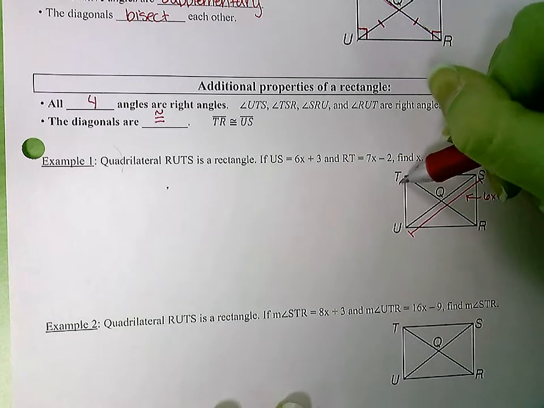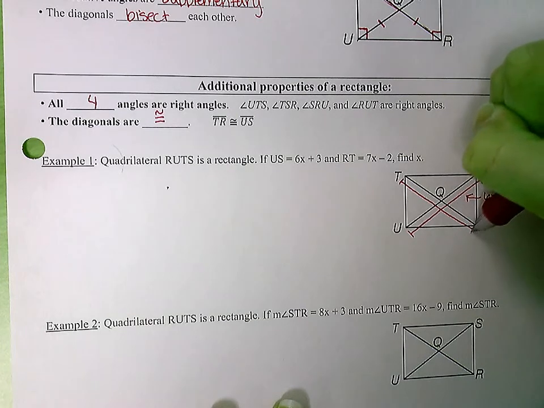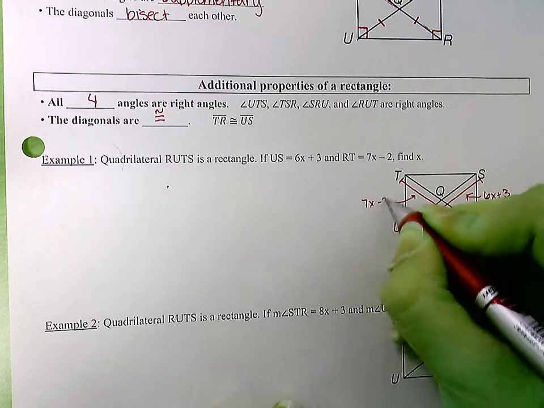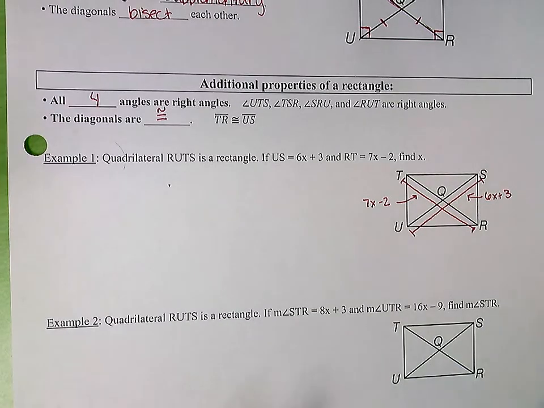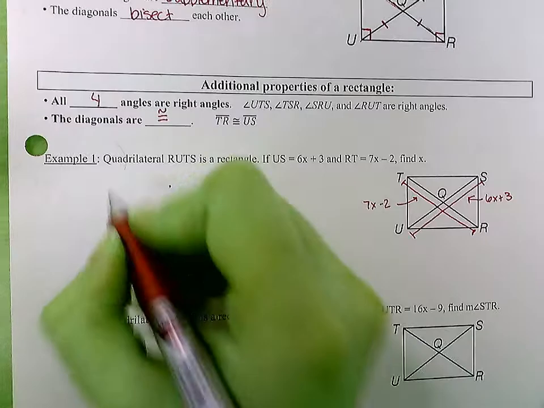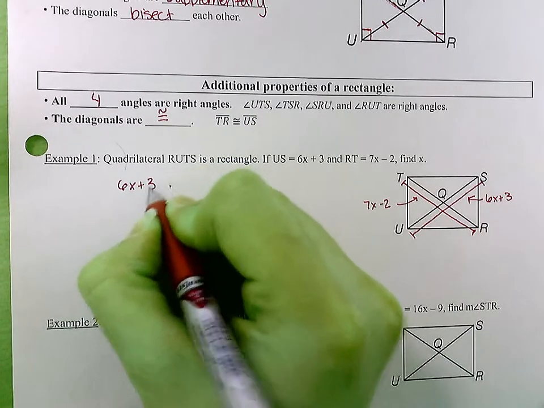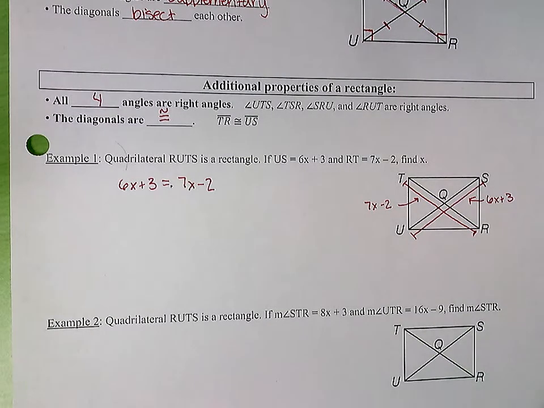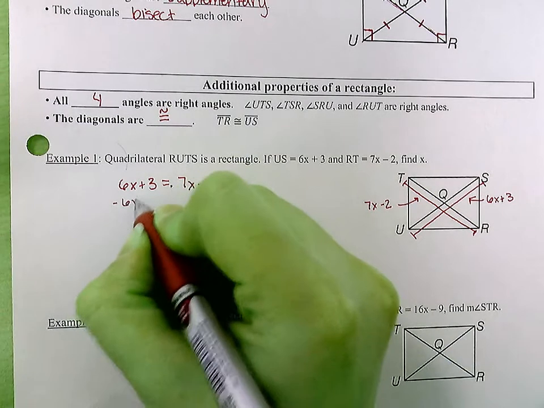And RT is this length here, 7x minus 2. Our diagonals, that's what we're given. What do we know about the diagonals of a rectangle? They equal each other. So I can set 6x plus 3 equal to 7x minus 2, since both of those are my diagonals and they are congruent or equal to each other. From here I can just solve for x.